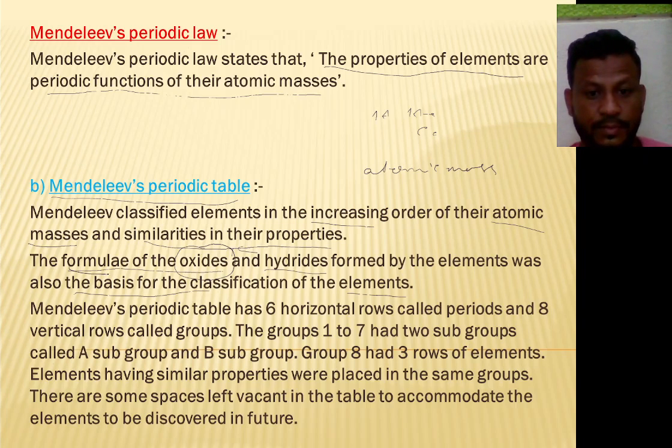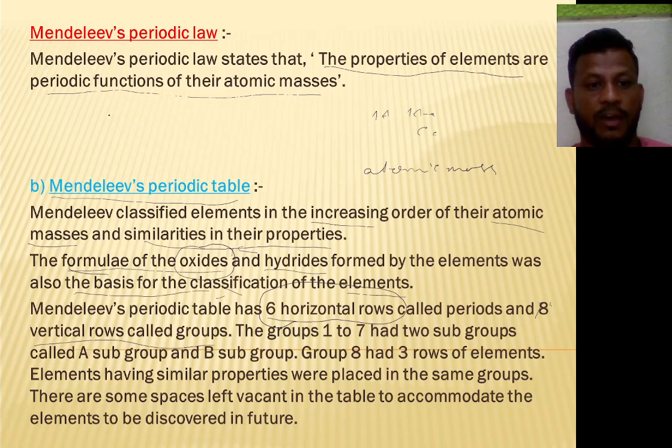Next, look here. Mendeleev's periodic table has, remember, 6 horizontal rows. How many? 6 horizontal rows and 18 vertical columns. Vertical, like this.